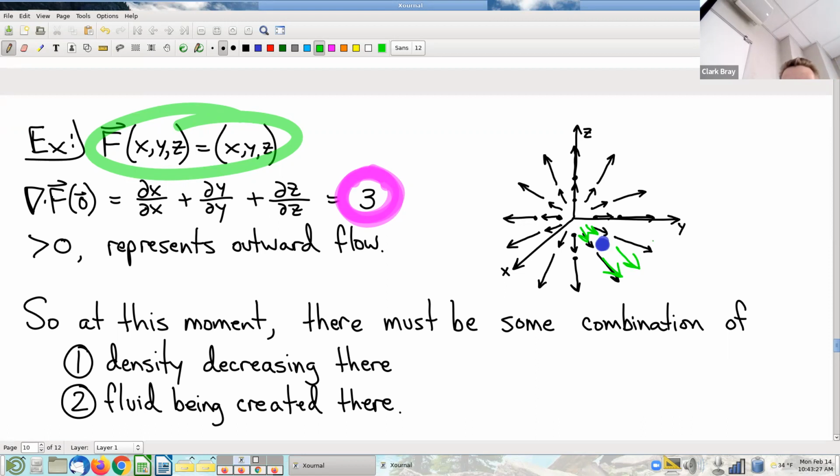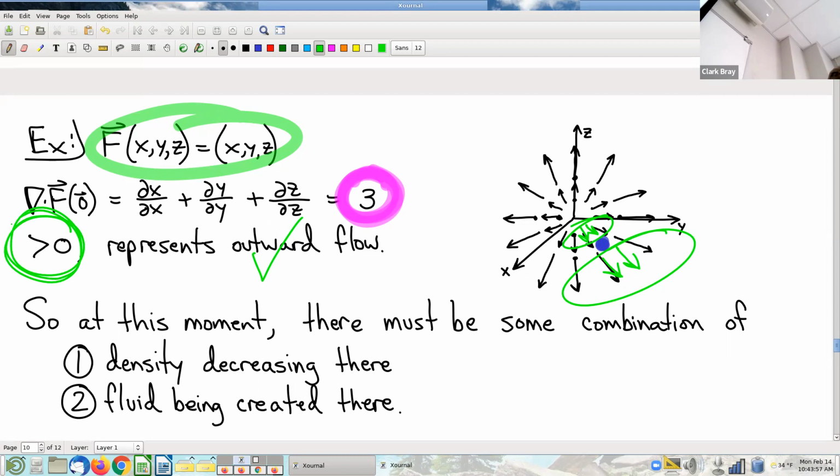And notice, being as they get longer the further you go away, there's more flowing outward than there is flowing inward. So altogether, there's a plus and a minus, but the plus outweighs the minus. And so you've got a net outward flow away from that point, even not the origin. Again, consistent with the fact that the divergence is positive.